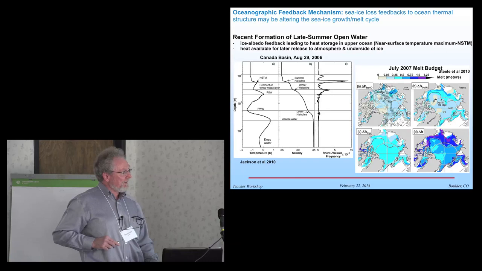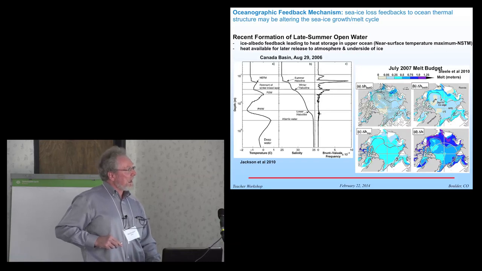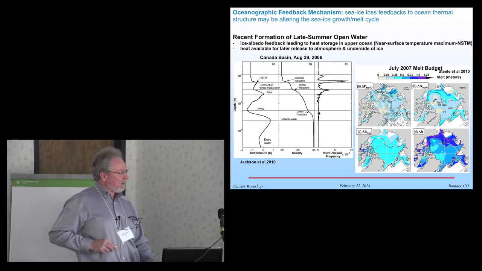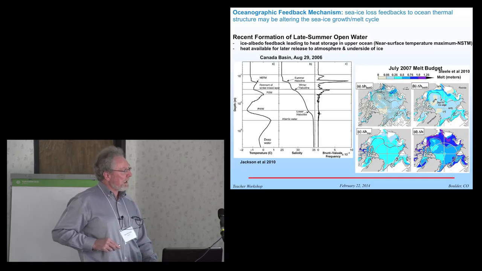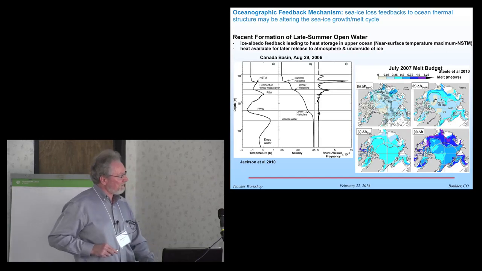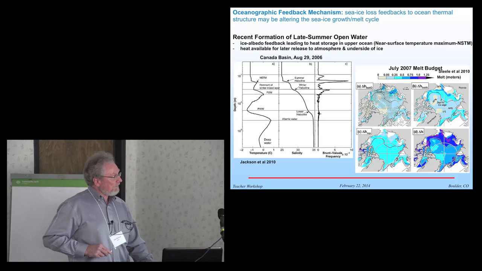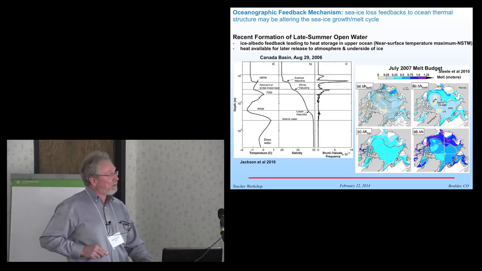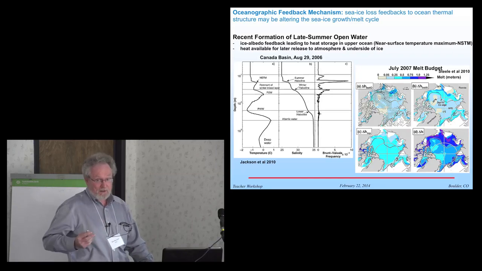They point out that this is a new feature that hadn't been in their profiles before the last decade or 15 years or so. They point to that this heat can then be available for later release to the atmosphere. We talked about that some, and the impacts of that for lower latitudes, and to the underside of the ice.